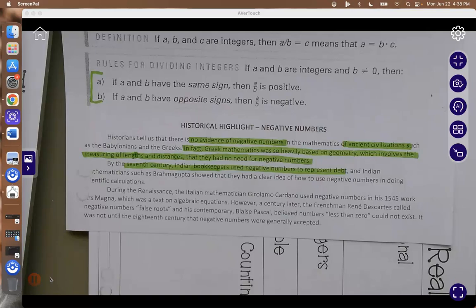During the Renaissance, Italian mathematician Cardano, I know I just murdered his name, used negative numbers in his 1545 work, which was a text on algebraic equations. However, a century later, Descartes called negative numbers false roots, and his contemporary Pascal believed numbers less than 0 could not exist.